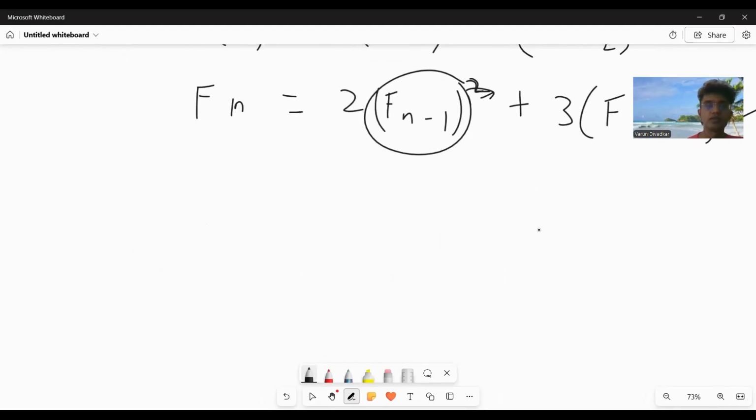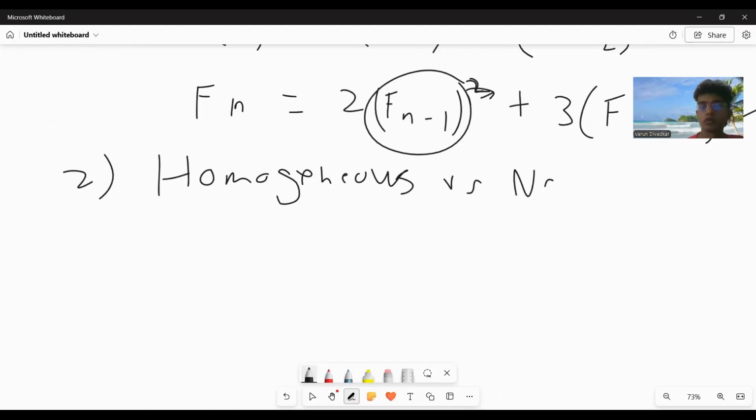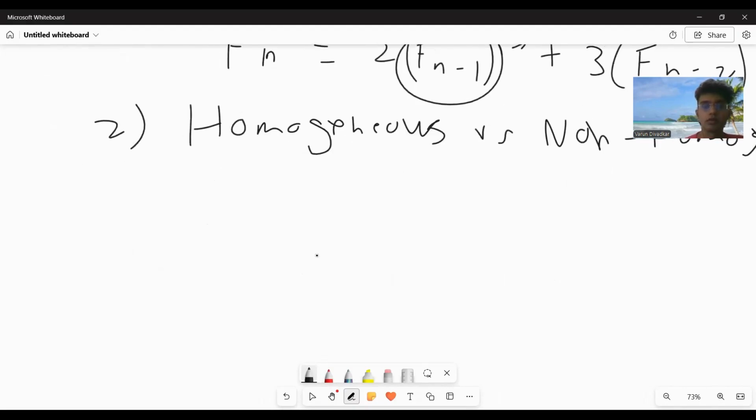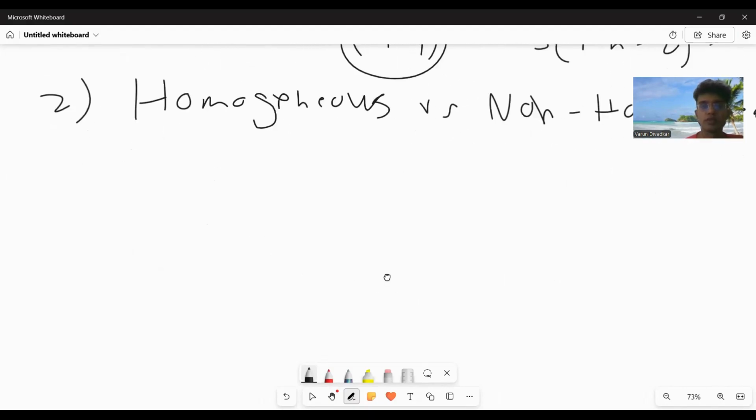The second categorization is homogeneous versus non-homogeneous. Right? So what is this thing now? Homogeneous versus non-homogeneous, let's take an example.